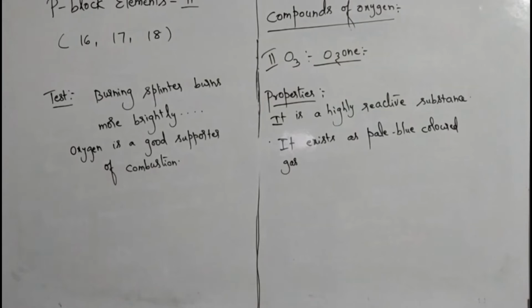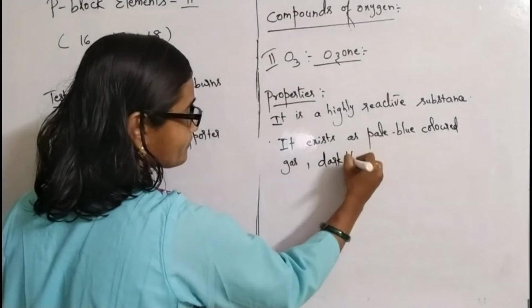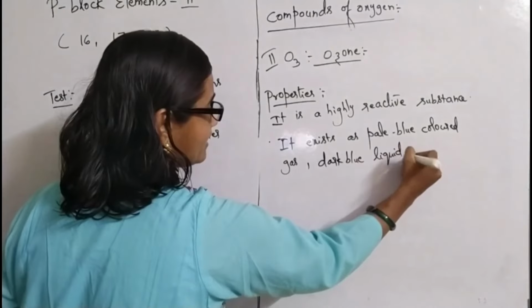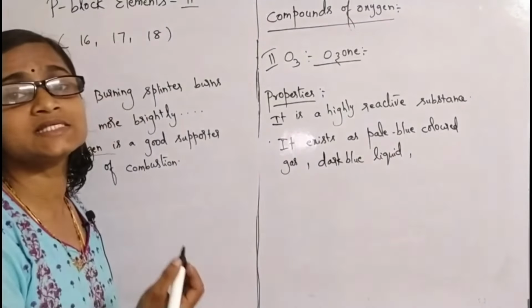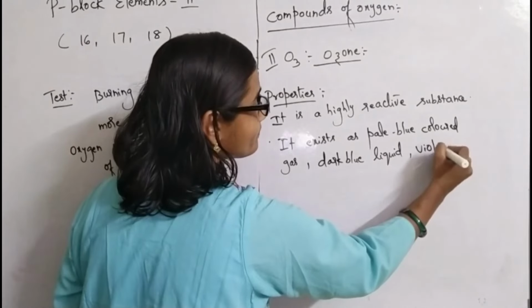It can also exist in the form of dark blue colored liquid, and in the form of solid it can exist like what? Violet black colored solid.